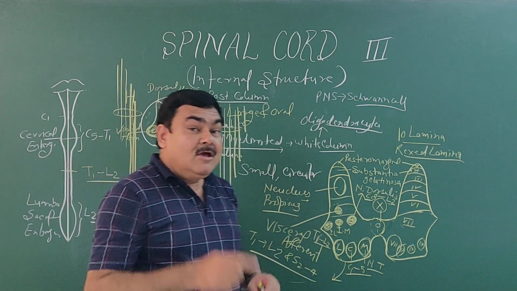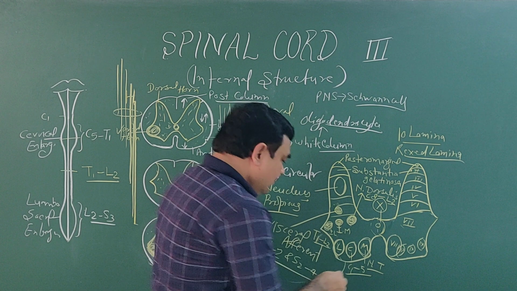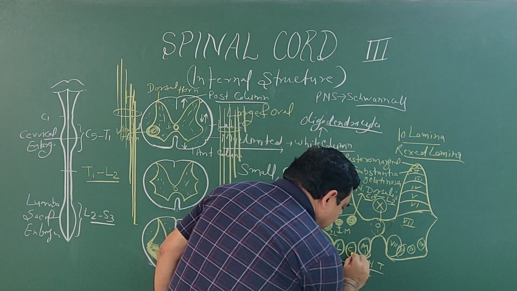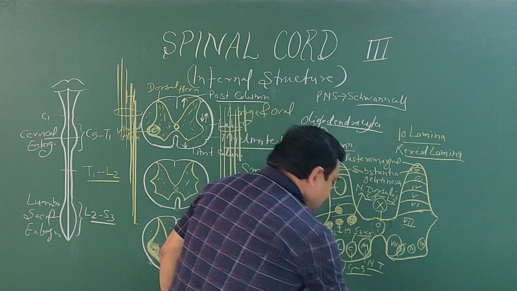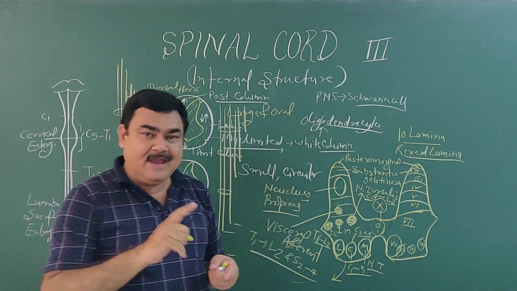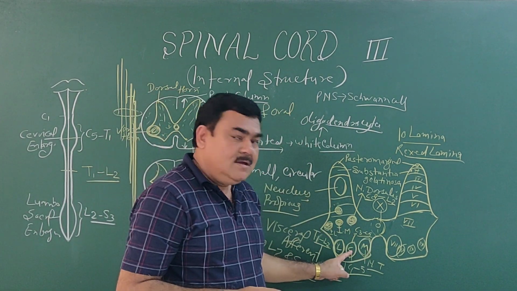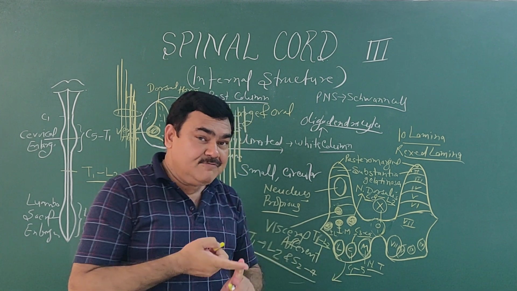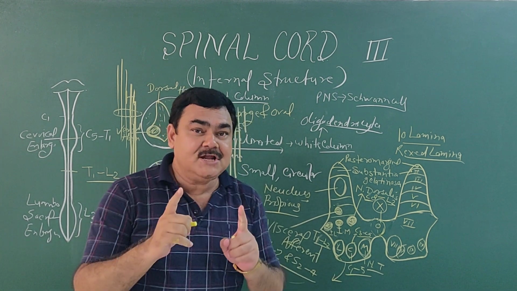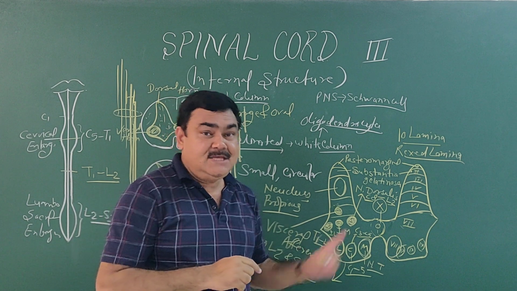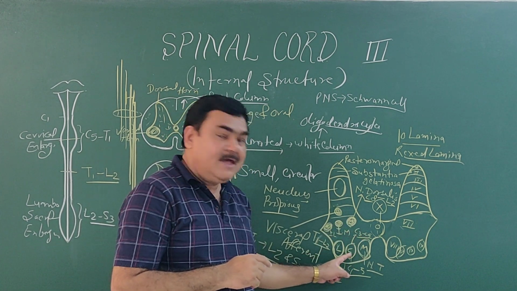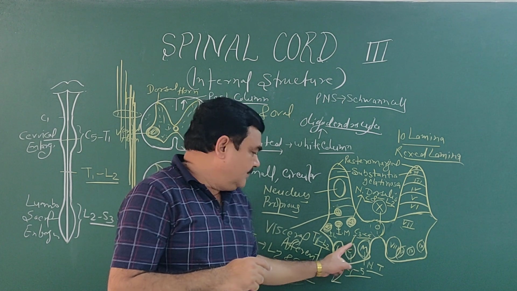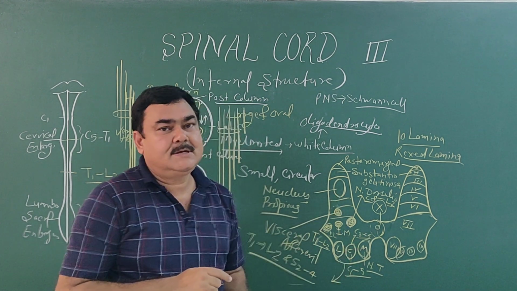Another thing, the phrenic nerve: C3 to C5 gives supply to the musculature of the diaphragm. So from C3 to C5, the phrenic nerve arises from this central nucleus.